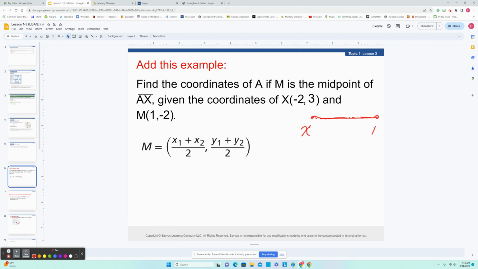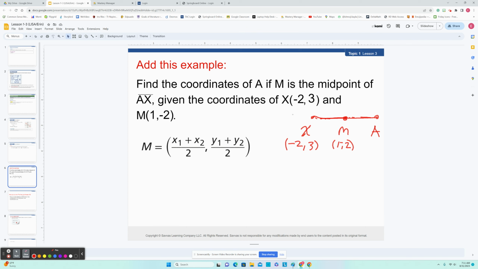This could be X, this could be A, or vice versa. And then this middle one they're calling M. Okay, and they're giving us coordinates for each. So they're saying this is -2, 3, and M in this case is 1, -2.